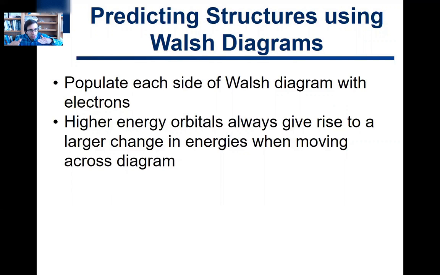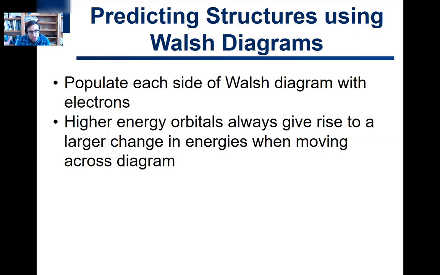So relatively speaking, on both sides of the Walsh diagram you're going to have pretty stable states there, and they're going to be more core-like, so they're not going to be as different in energy. This is just because bonding in main group compounds is pretty strong. So this fact is true for main group elements.